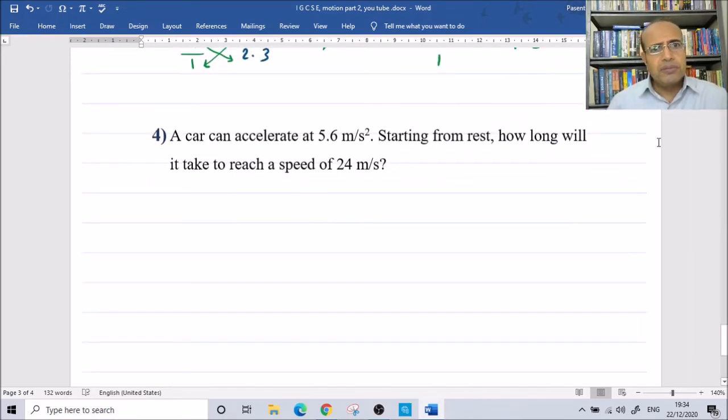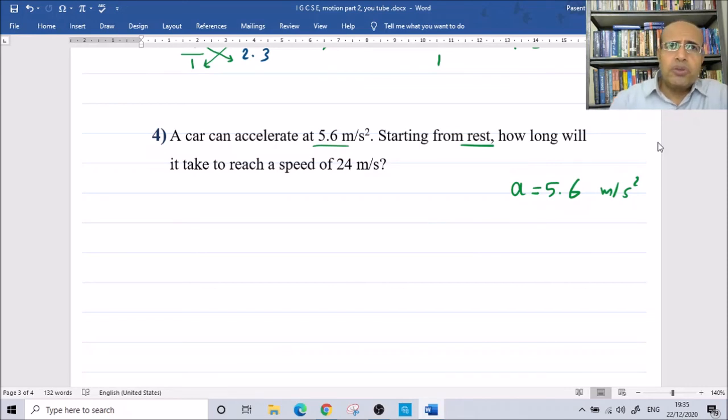Another question. A car can accelerate at 5.6 meter per second squared. So we have the acceleration of the car: a is given, 5.6 meter per second squared. Starting from rest. Not all objects start from rest; sometimes they start at a speed. But here, starting from rest means the initial velocity equals 0. How long? It means we need the time.